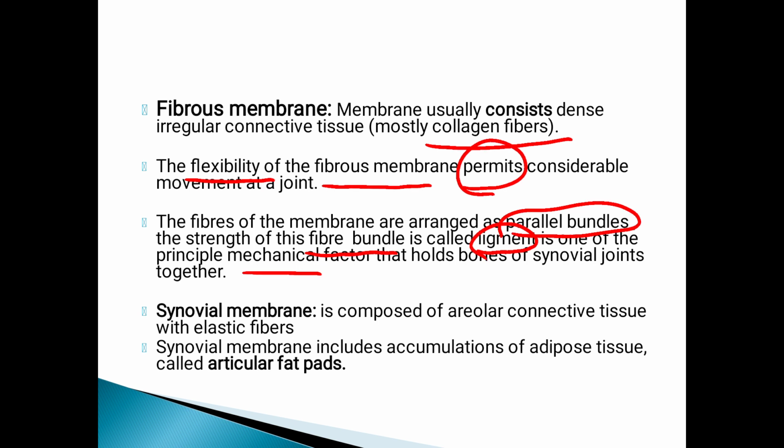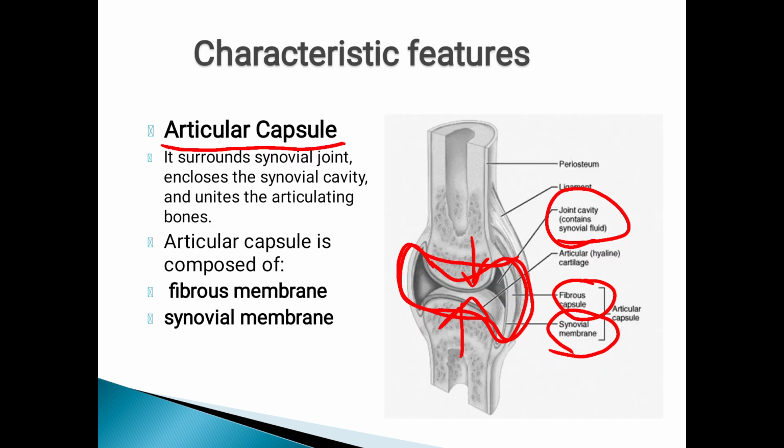Next is the synovial membrane. What you can see over here is the synovial membrane, and the outside membrane is the fibrous membrane or fibrous capsule. This synovial membrane forms the inner layer of this capsule.